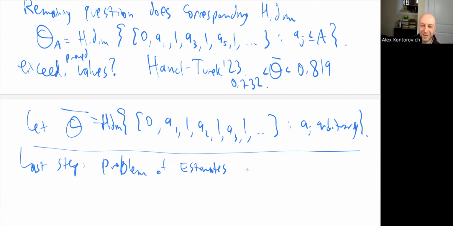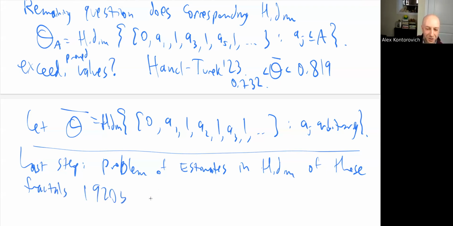The problem of estimates of these Hausdorff dimensions is also very old. Let me, in the interest of time, not review the entire history. Hausdorff dimension of these kinds of fractals dates back to the 1920s. There's Good's work in the 1950s.